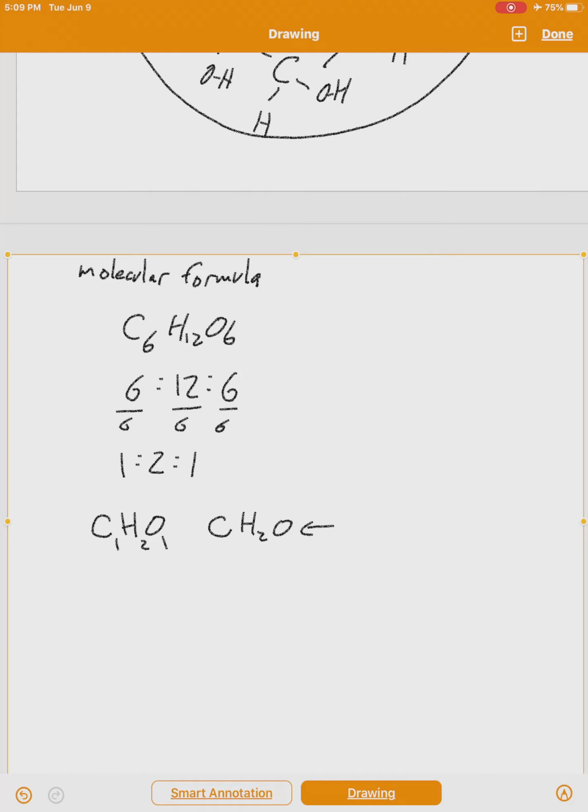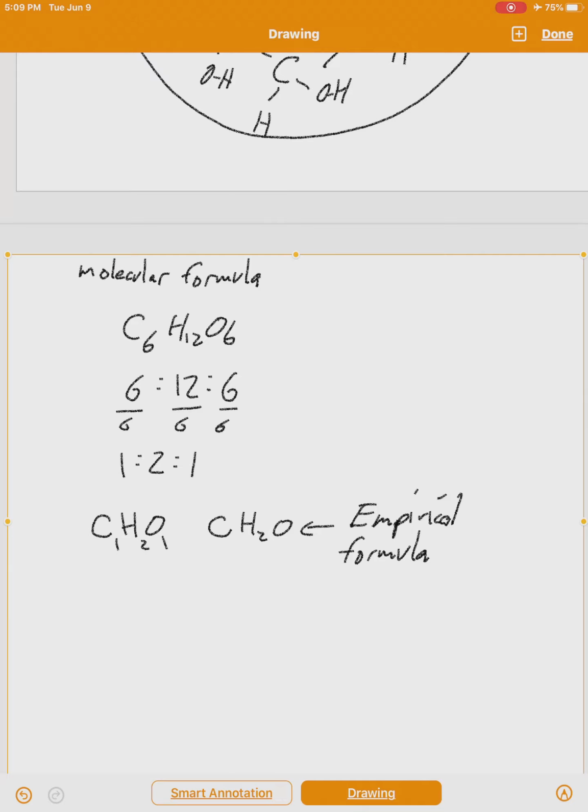Now, in chemical formulas, we generally do not write the subscript 1, so we would just write CH2O. And this is what we call the empirical formula for glucose. The empirical formula shows you the smallest possible ratio that accurately depicts the ratio of each element in the compound, right? The smallest possible ratio that represents 6 to 12 to 6 is 1 to 2 to 1.